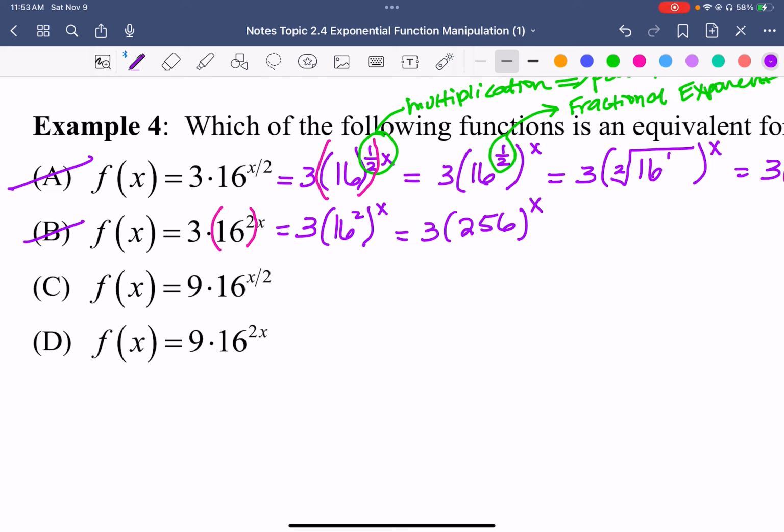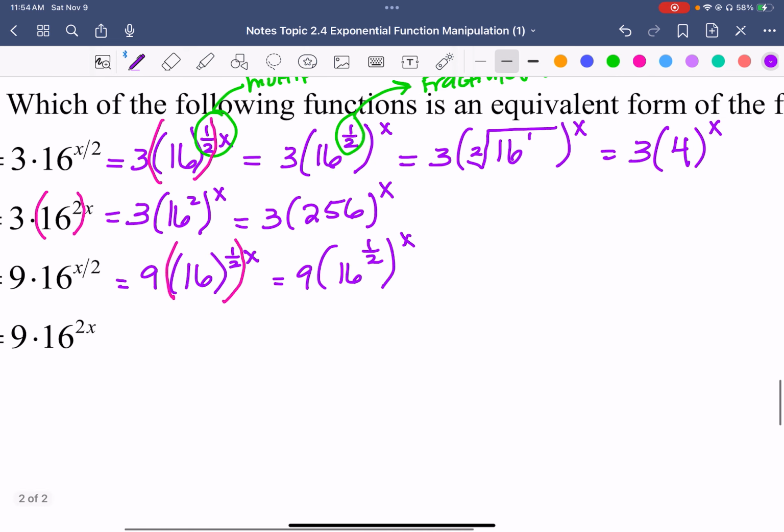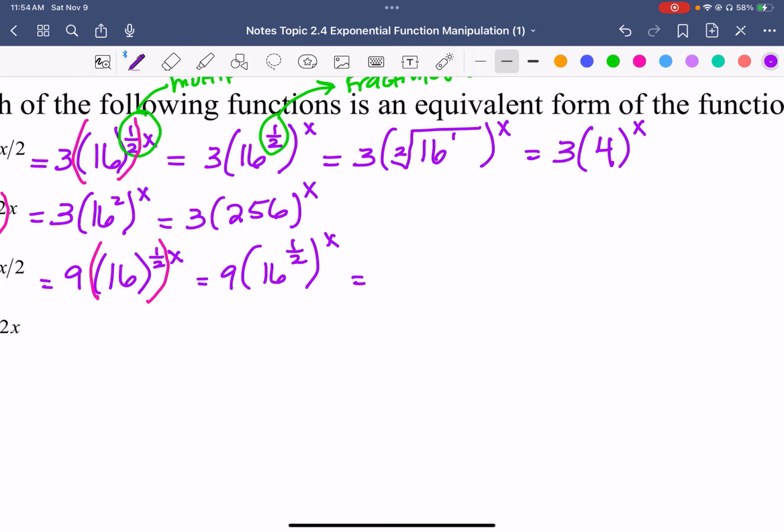Let's try C. So again, that 9 doesn't have an exponent. I'm just going to carry it with me. And then I can rewrite x divided by 2 as 1/2 to the power of x. I can cut through the multiplication using the power property. I'm going to separate this and make a new base, which is 9 times 16 to the power of 1/2, and on the outside we have the power of x.